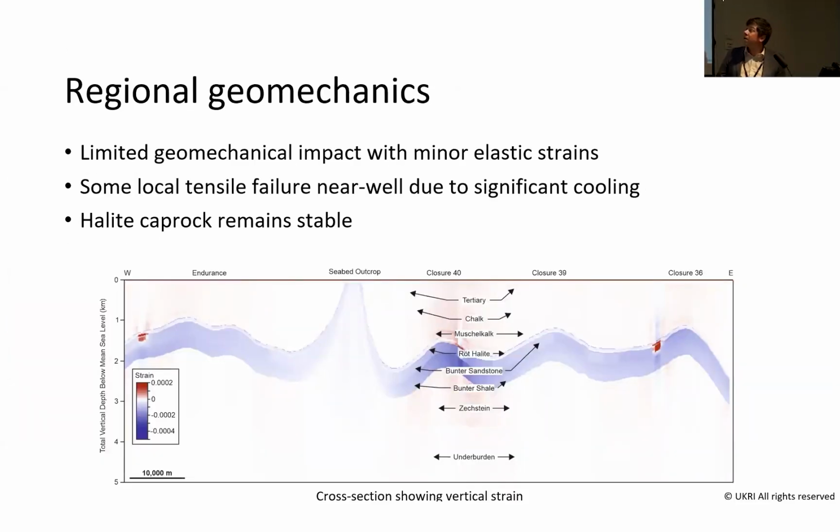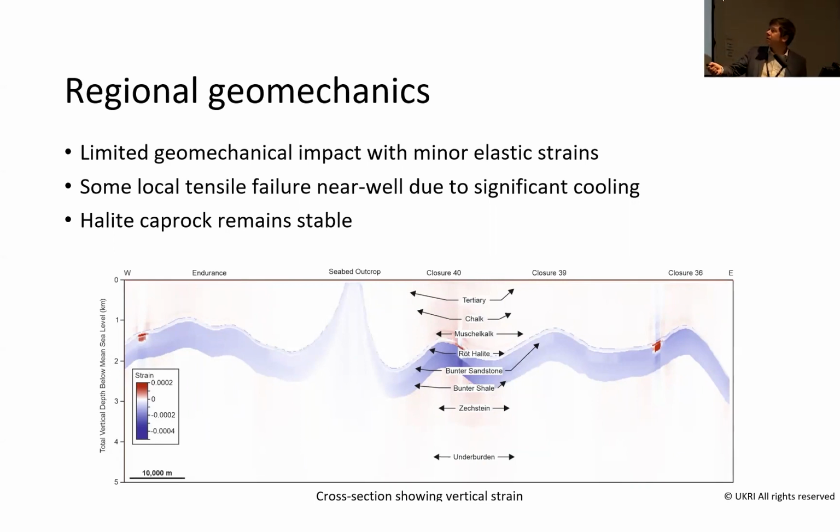We've fed those model results into a regional geomechanical model. Here I show a cross-section illustrating the vertical strain results. This section extends from the Endurance structure over to Closure 40, and then finally over to Closure 36 on the right-hand side here. Basically what we're showing is that we've got a fairly limited geomechanical impact with only minor elastic strains.